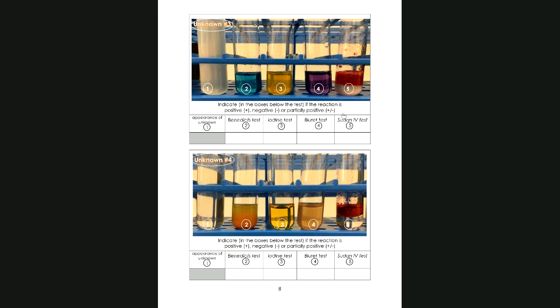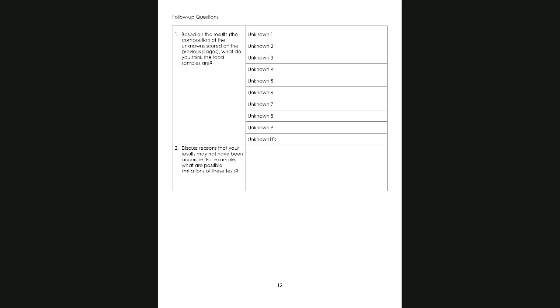So there's 10 unknowns altogether. Make sure that you look at what the unknown looks like and then what the results are. You're going to make your way through all of the unknowns, and then you get to a page where, based on the composition of the unknown results, you can make a guess of what those foods may possibly be.